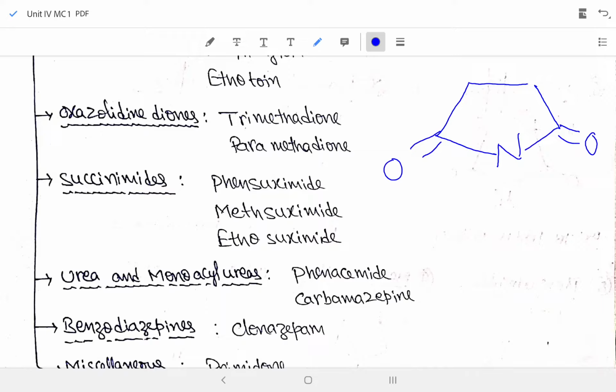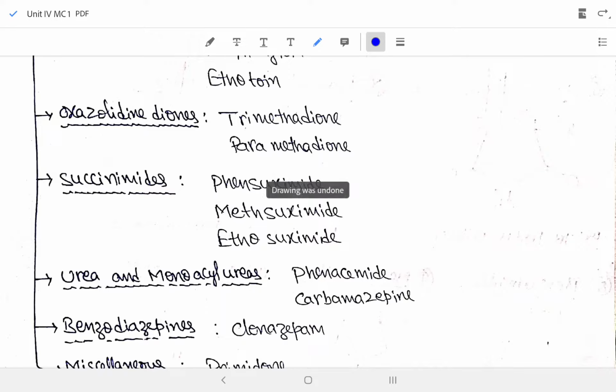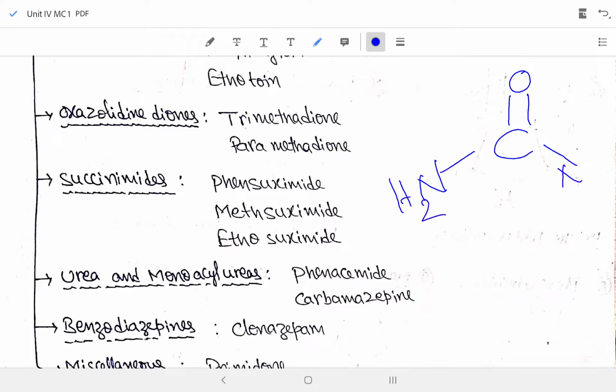This is the general structure of succinimide. And urea, earlier when we were writing barbiturates, I taught you the structure of urea. Urea will be C double bond O, either side attached with NH2 and NH2. Monoacyl urea means an acyl group is attached to the urea. That is this one.